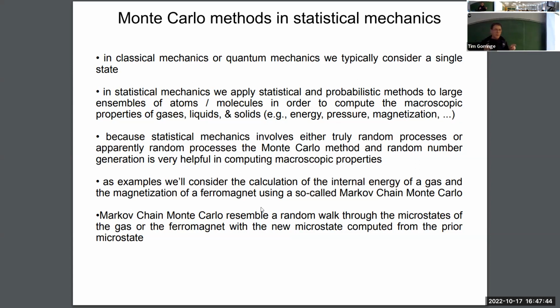The specific method we're going to use, I put it on the slide. It's called Markov Chain Monte Carlo. So that means that it's kind of a random walk, not through one-dimensional space or two-dimensional space, but through these states, the microstates of the gas, or the microstates of the ferromagnet.